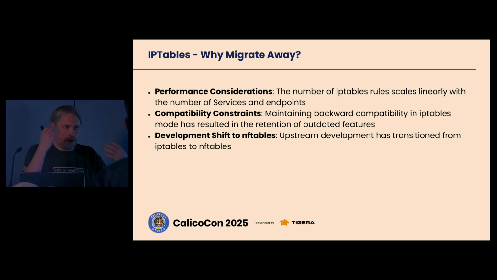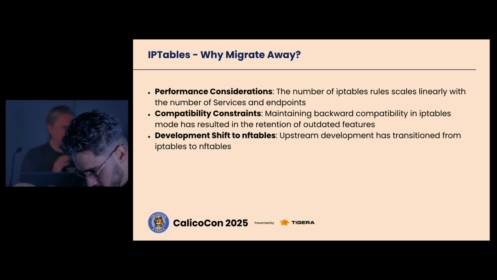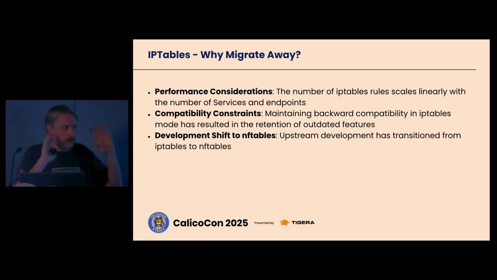Normally when traffic comes in destined to a node port on 127.0.0.1, the kernel would say no, that's a Martian packet, that shouldn't be here, and it will drop it. In IP tables mode, we want that to be allowed. So to do that, we're setting sysctl values, and it allows it to happen, but then that opens you up to certain CVEs and vulnerabilities. Maybe we don't want to maintain it, but we have to because people are using it, and if we were to change it, it would break those users.